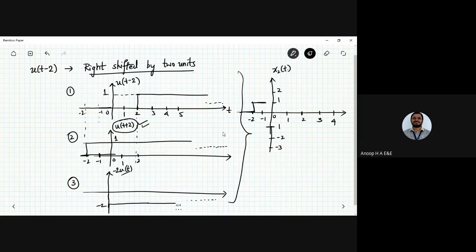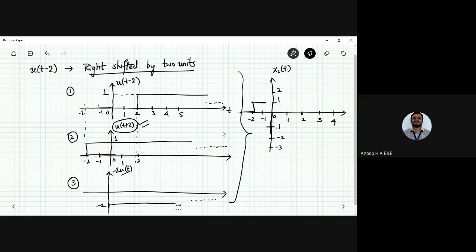Next, minus 2 into u of t is minus 2. Minus 2 plus 1 is minus 1 here. So at 0 it is minus 1. At 1 it will be like this.